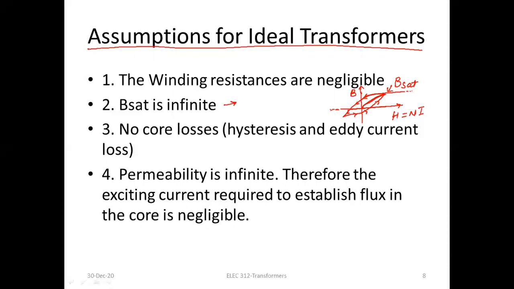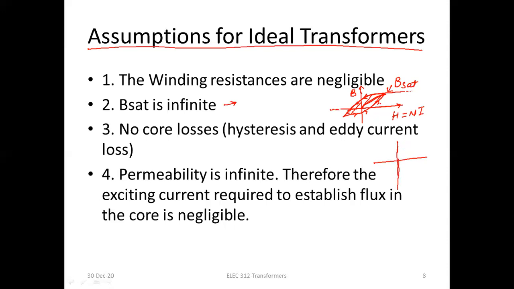If you want to make the material such that the losses in the material are minimized, then you have to minimize the area of this BH curve. So I am going to give another diagram for the same thing.